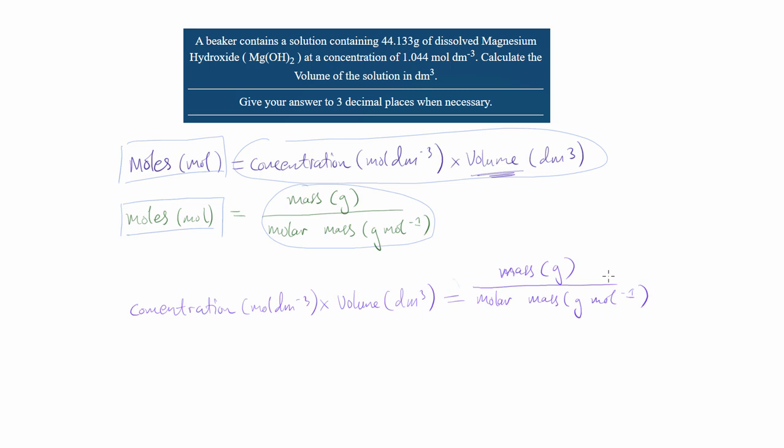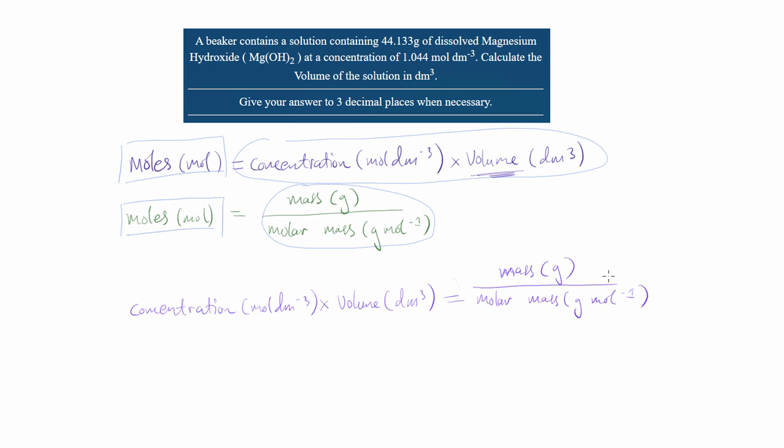One other thing I'm going to do is, given that what we've been asked to work out is specifically the volume, I'm going to make volume the subject of the equation.